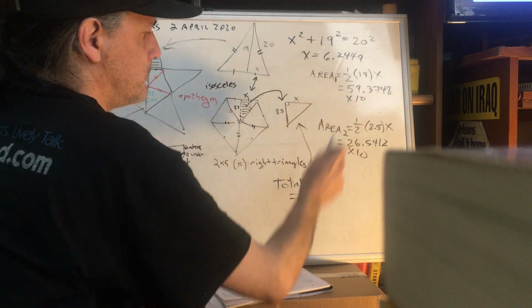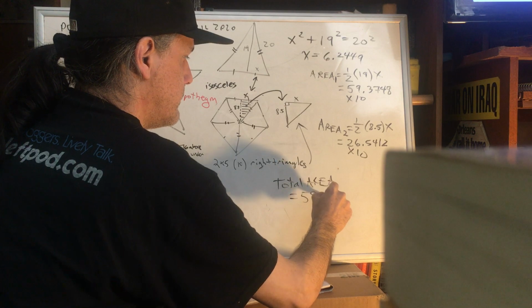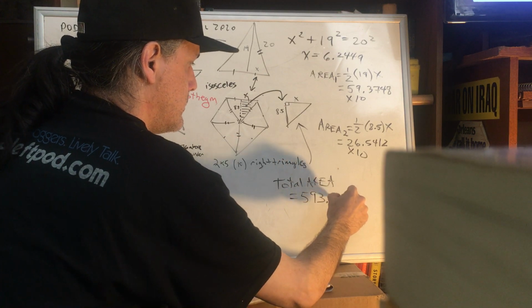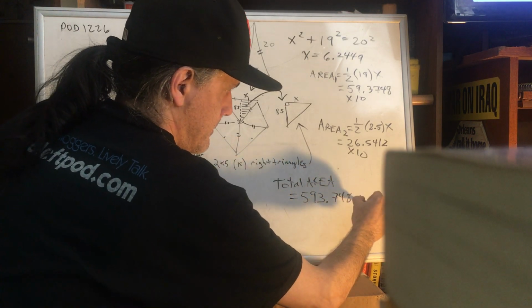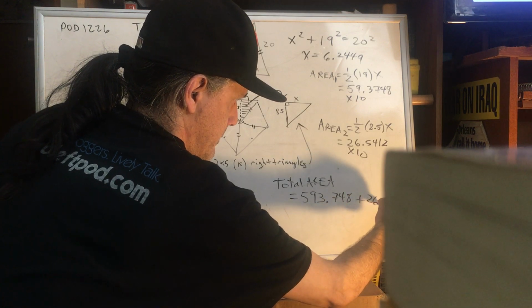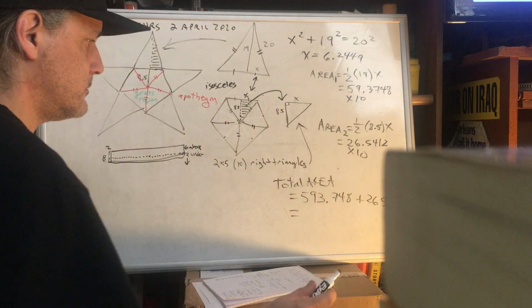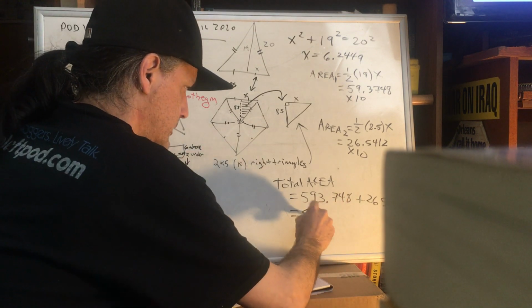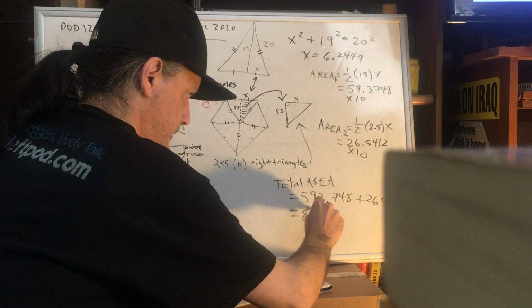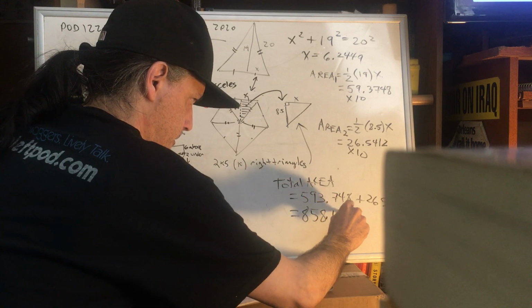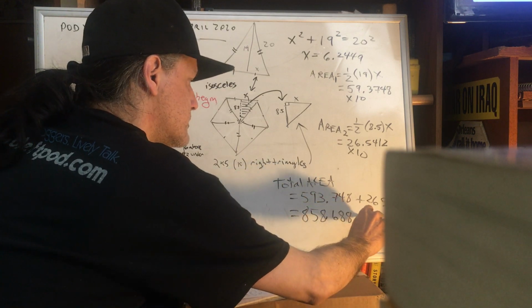Right? If you multiply by 10, you just move the decimal point. And voila, that's the total area, and that's in square feet.